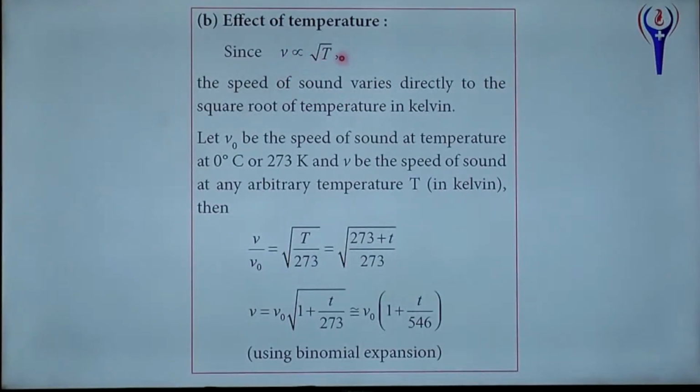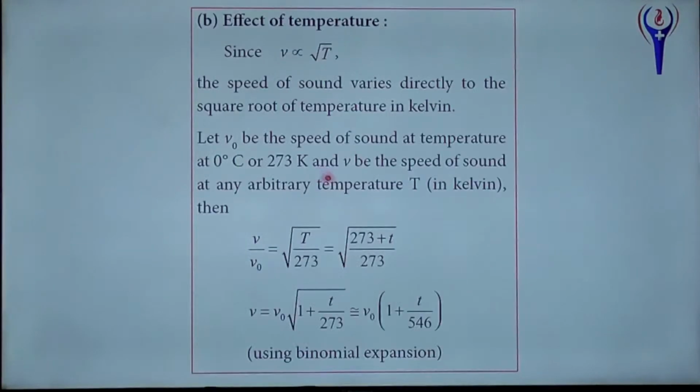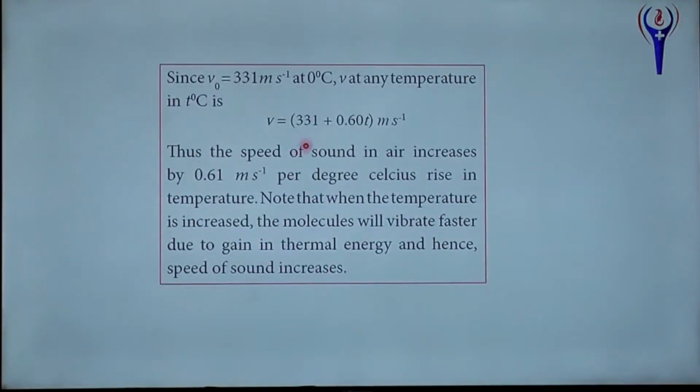Effect of temperature. V is proportional to square root of T. And V naught is the speed of sound at temperature 0 degrees Celsius. There are some steps, but directly you can write this formula: V equal to 331 plus 0.60 T meter per second.